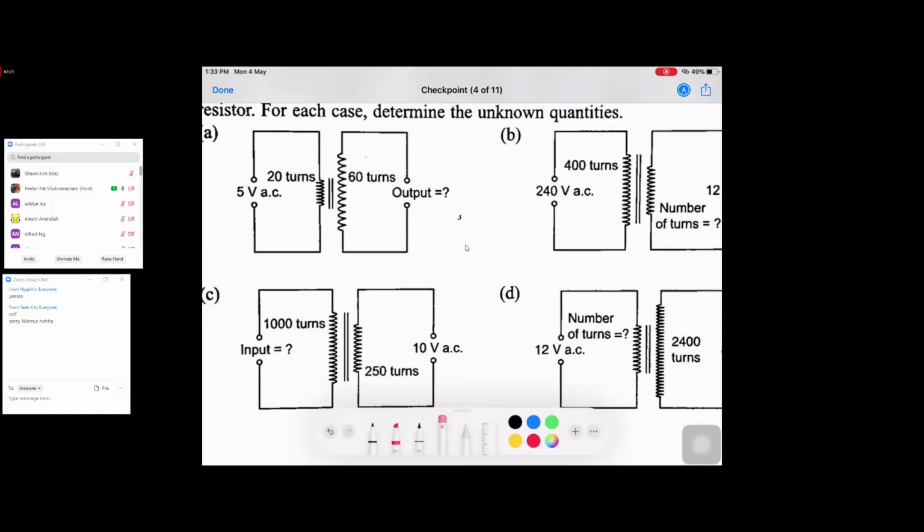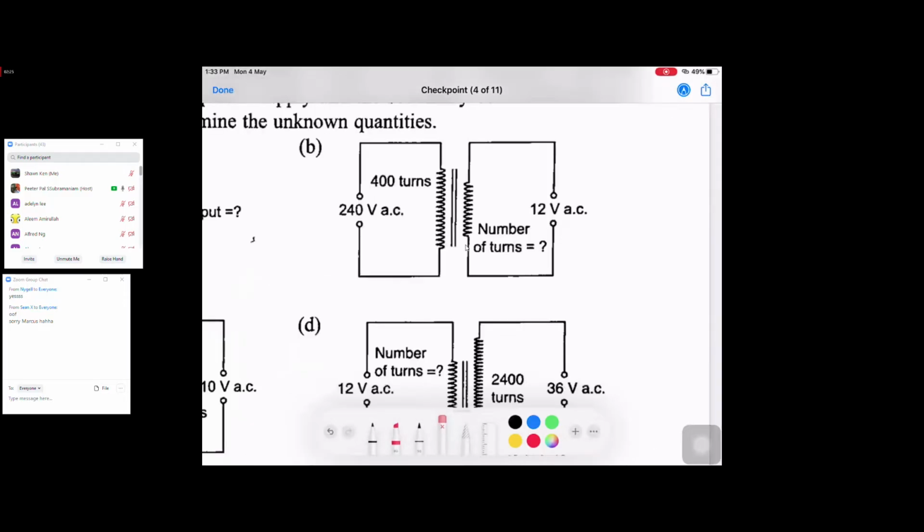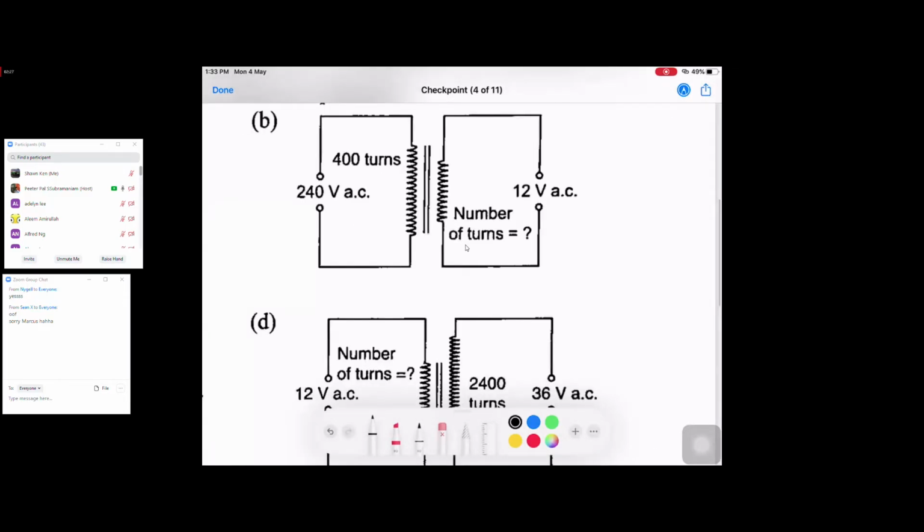Okay, B here now. We have 400 turns. Again, primary voltage over number of turns in primary equals secondary voltage over number of turns in secondary. Primary voltage 240 volt. Number of turns in primary is 400 turns.